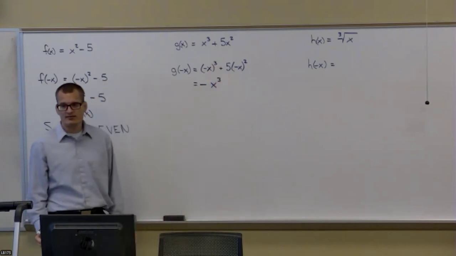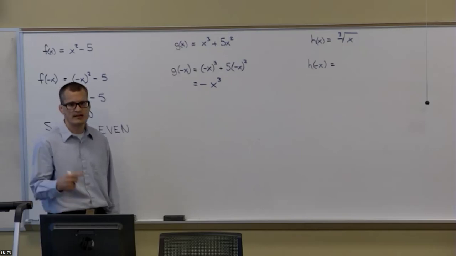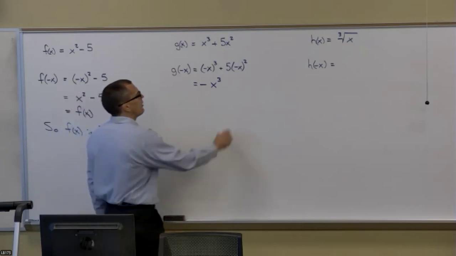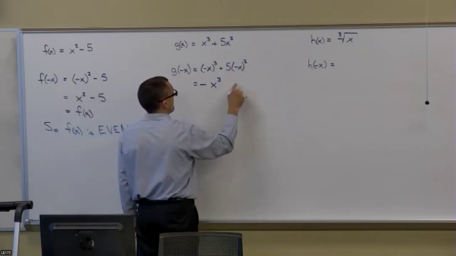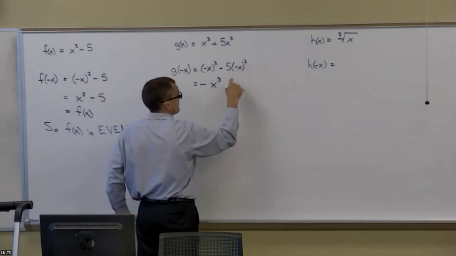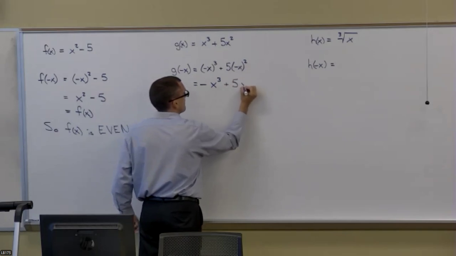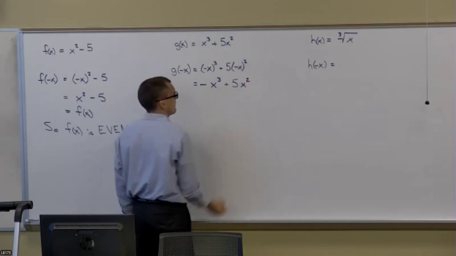So it's negative x raised to the third power, right? Negative times negative times negative is still negative. When I take negative x and square it in the same way I did here, negative squared is a positive squared. So this is the same thing as 5x squared.